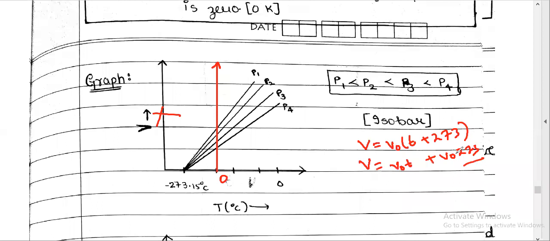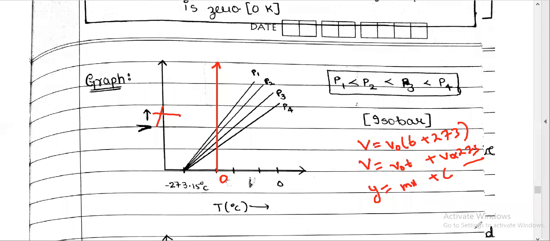Now V naught into 273 is a constant. So what does the equation become? Y is equal to mx plus c.